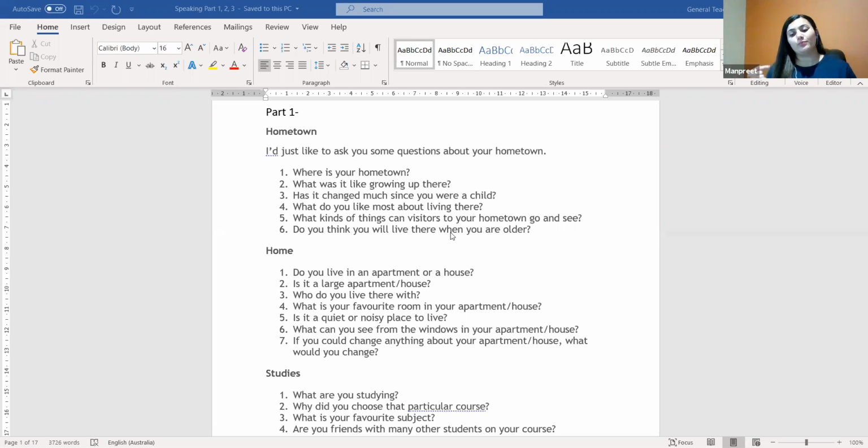It can be about anything. So we're going to practice all 3 parts today. So part 1, 2, and 3. Because it's your exam week next week. So we're going to do a bit of practice. All right, who would like to start? So 2 to 3 sentence answers for each of the questions. You cannot give a one-word answer.